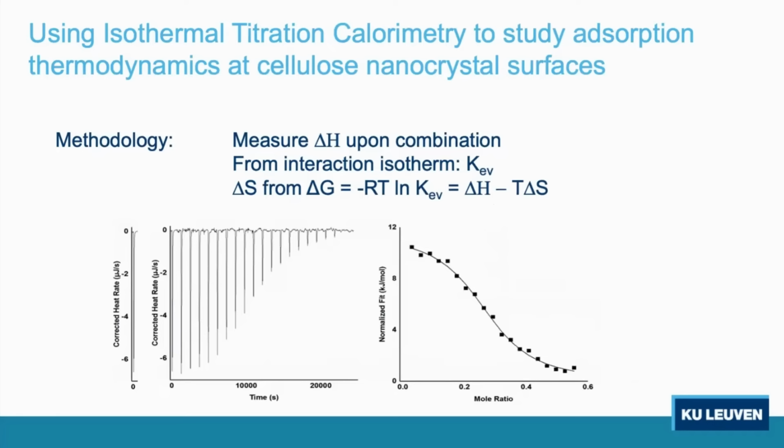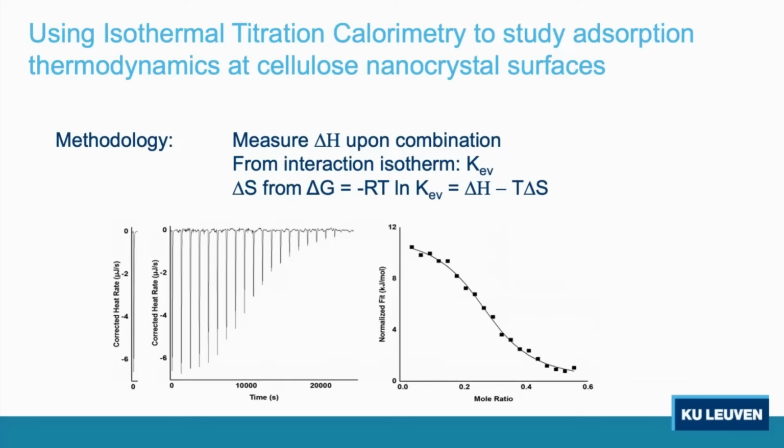Then we wanted to look in more detail at the surface interaction. So we did isothermal titration calorimetry, where with every injection, you basically measure the heat of interaction of whatever you inject with the nanocellulose surface. And every injection gives you a heat trace.